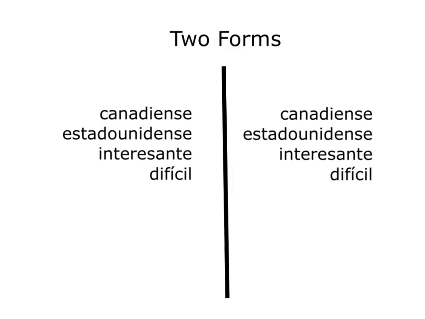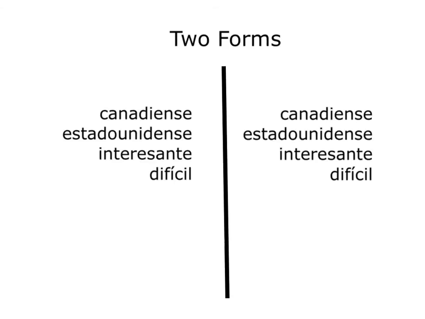If you have a female friend and she's Canadian, una amiga canadiense. So canadiense for male or female, estadounidense for male or female, interesante if your friend is interesting, male or female, and difícil if you have a particularly difficult person that you need to describe.